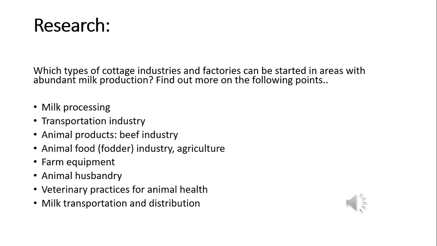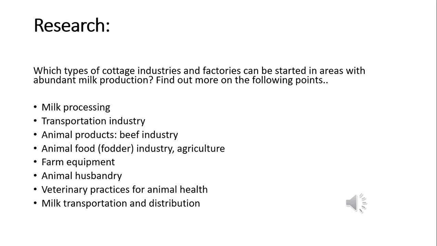So here the topic is which types of cottage industries and factories can be started in areas with abundant milk production. I have mentioned a few points here which are relevant to the industries and businesses which can develop in relation to the milk industry.